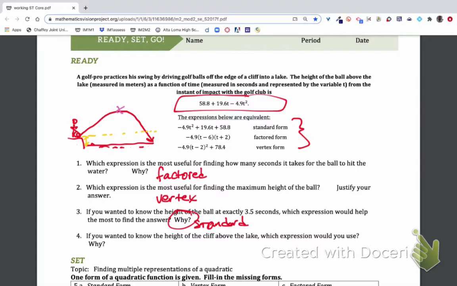For me, I'm going to say that it would probably be easiest to use standard form to determine the height of the cliff above the lake, based on the fact that I know my vertex, or my axis of symmetry based on my vertex here.